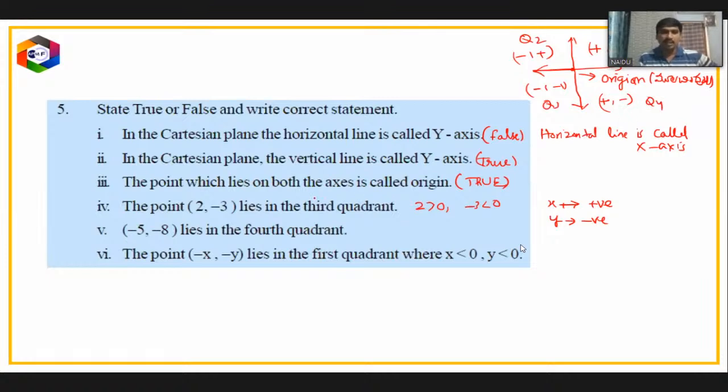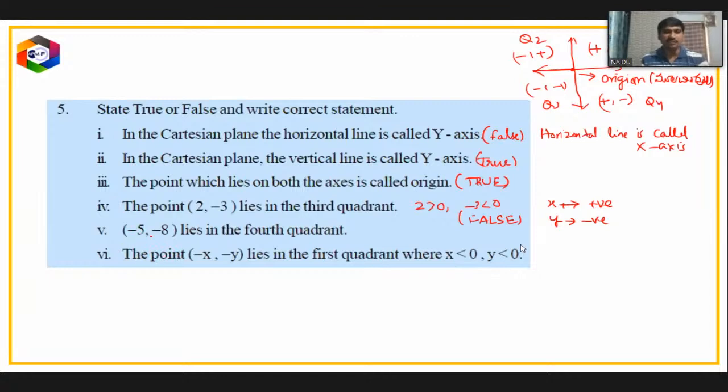So 2 comma minus 3 lies in the fourth quadrant, but it is given as third quadrant. So the answer is false. How to write the statement: 2 comma minus 3 lies in quadrant 4.